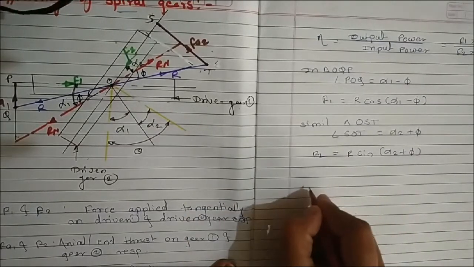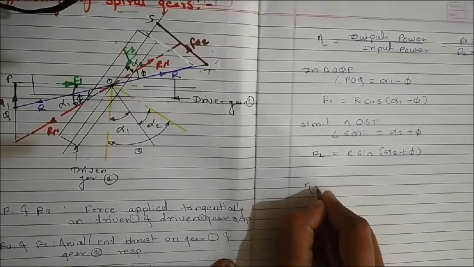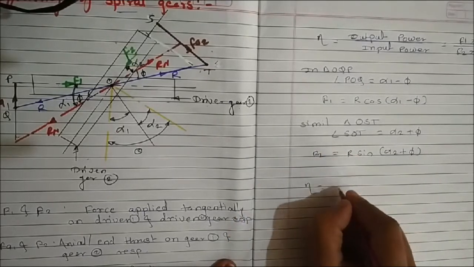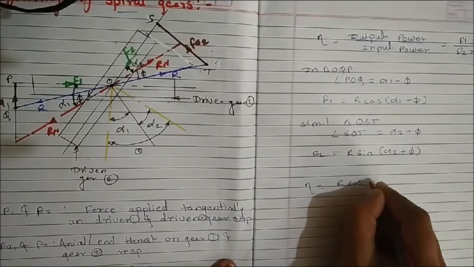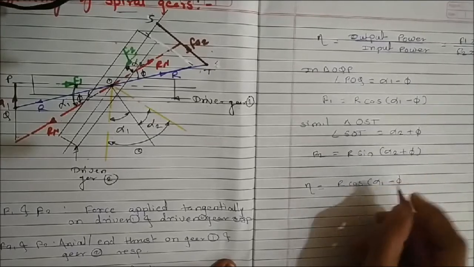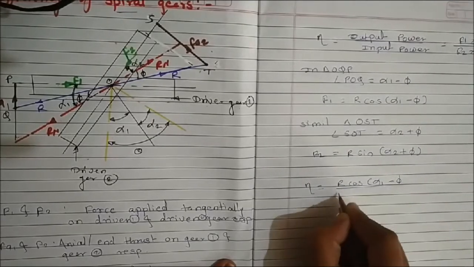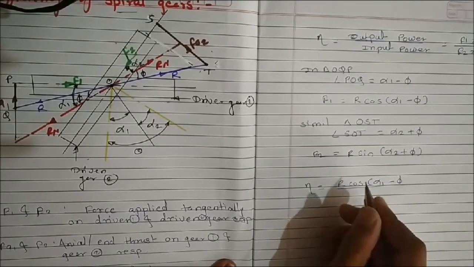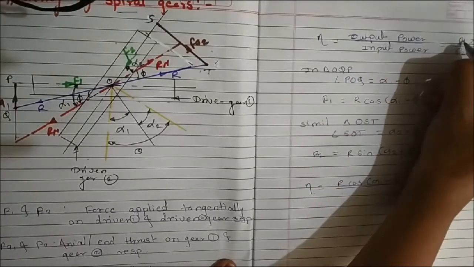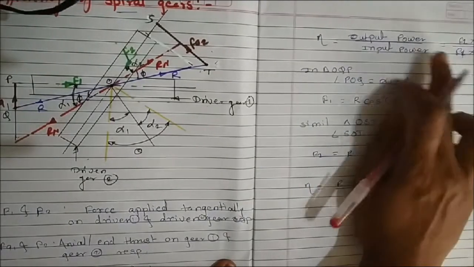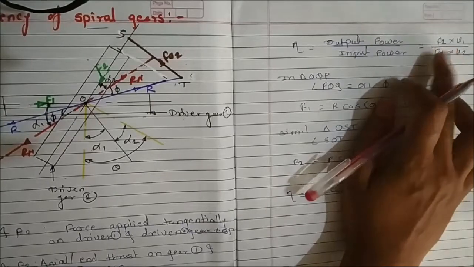So let's write efficiency. Efficiency is equal to F2 by F1 times the velocity ratio, because it is output power divided by input power.